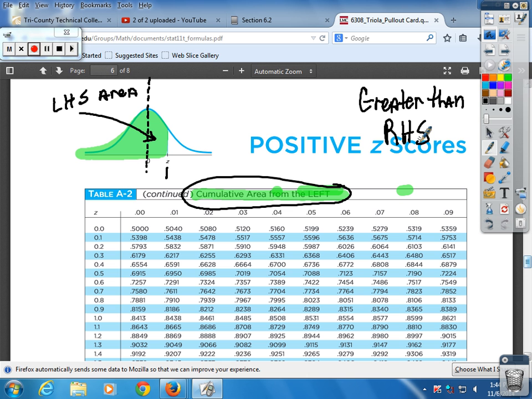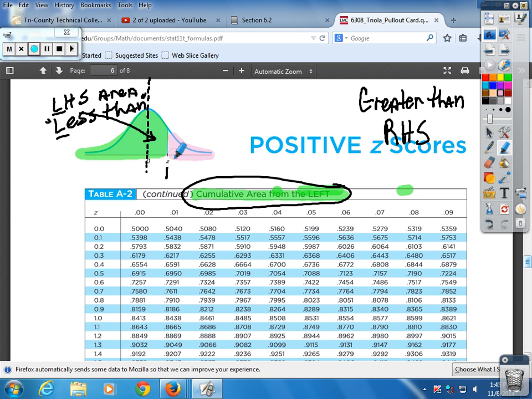Then what is the left-hand side? The left-hand side is less than. So if you see less than in your problem, then you know you've got to read the left-hand side. If you see greater than, then you got to find the area where? You got to find this area.